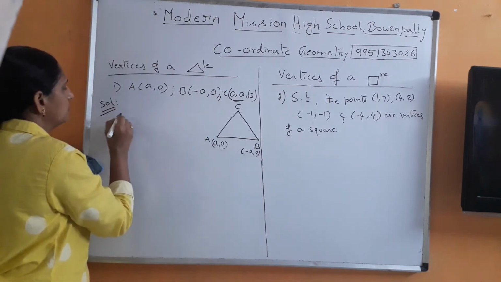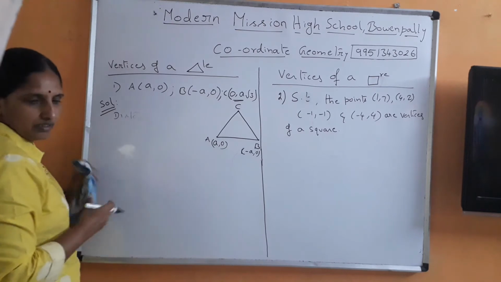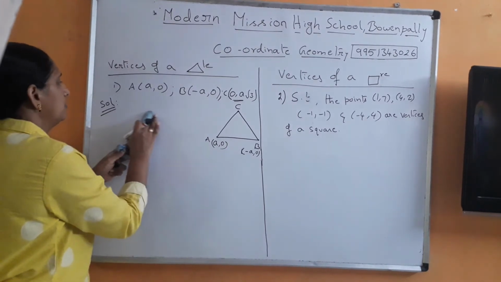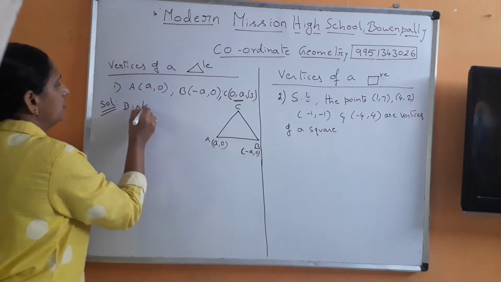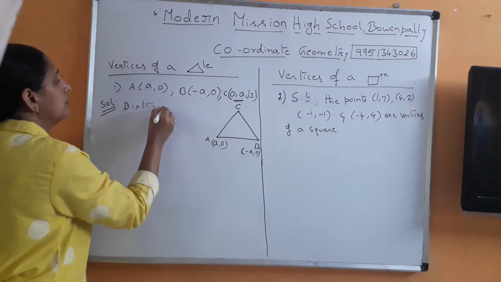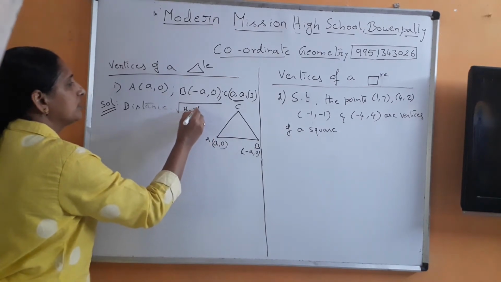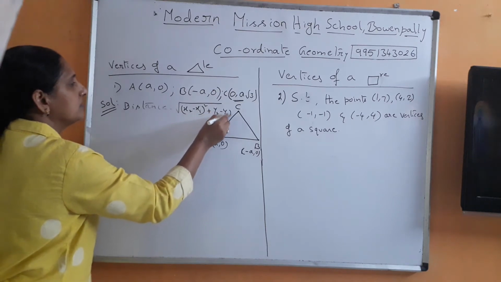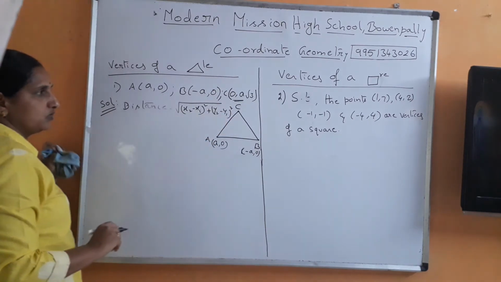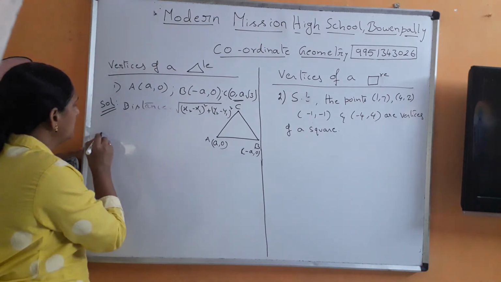Solution. Distance formula: distance is equal to square root of x2 minus x1 whole square plus y2 minus y1 whole square. So now we know how to substitute all that. For the first one I am taking AB.